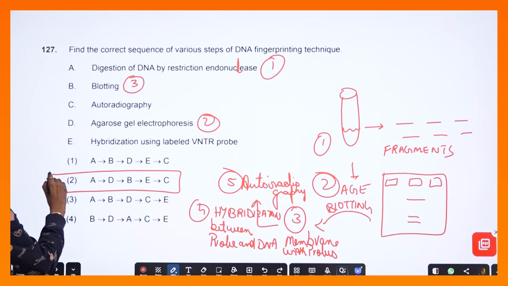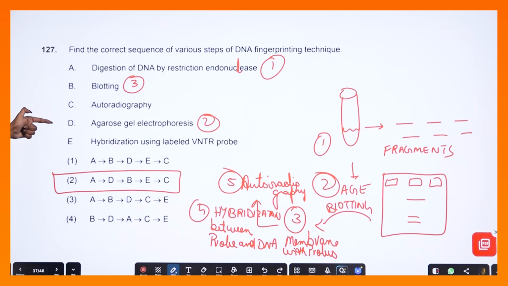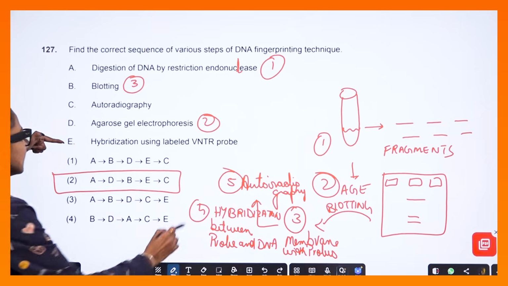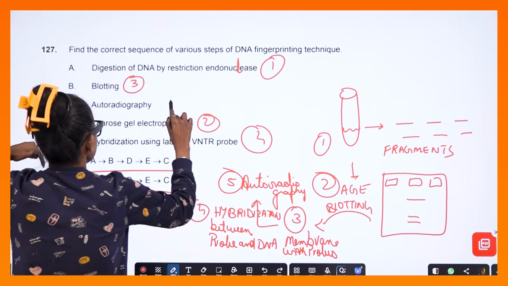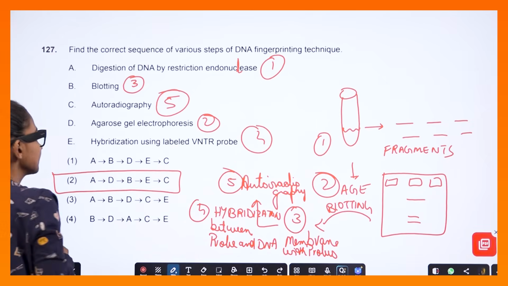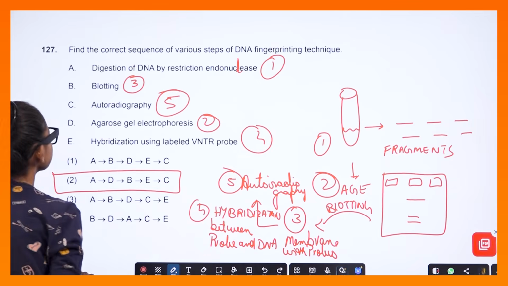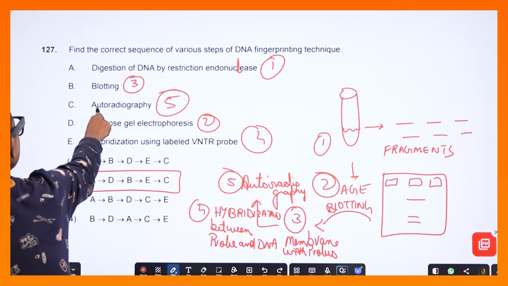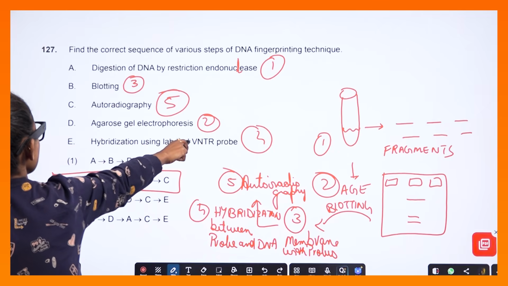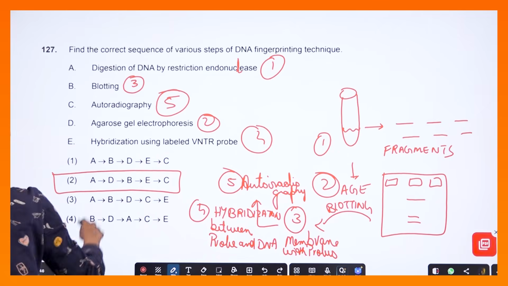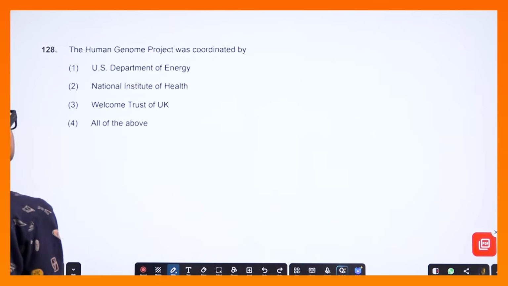So this becomes A, D, E: hybridization and then autoradiography 5. Right? Okay. So now D, B, E, C. Yeah, it's fine. Now let's see.